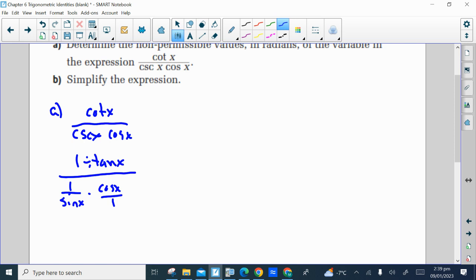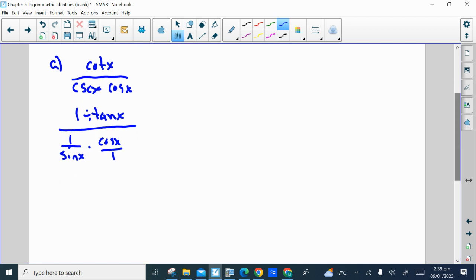And so, remembering that tan x is sine x over cos x, because tan x is in the denominator for the top expression, that means sine and cos are also both in the denominator. So neither sine x nor cos x can equal 0, which is also true from this bottom part.